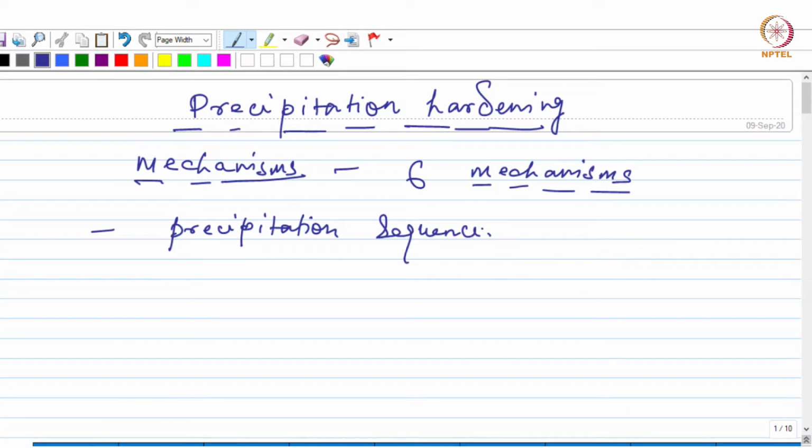For a particular age-hardenable alloy, there is a particular sequence in which the precipitation occurs, and we actually discussed one of them, taking the example of aluminium copper. We have seen that it goes through a sequence which includes 3 intermediate phases before the equilibrium phase theta forms, right?